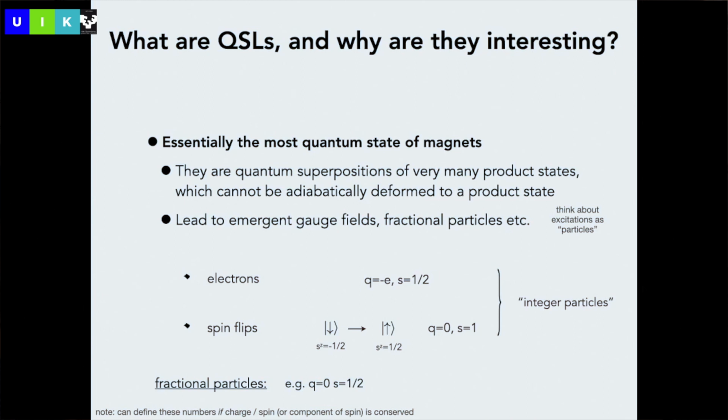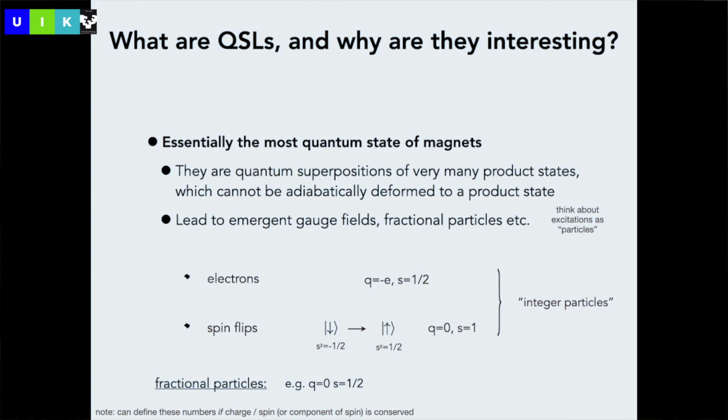We want to ask about the quantum number of the excitation. And the excitation in this case actually has S_Z equals 1 and charge 0. That's another integer particle which you can construct out of a finite number of elements. So a fractional particle would be, for example, a fraction of any of these things. It could be a particle with charge 0 like this, but then spin half, but none of the two are the same.